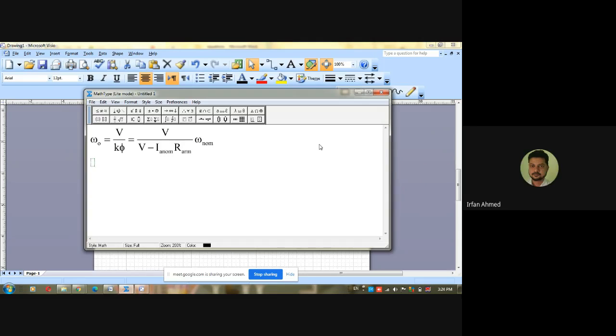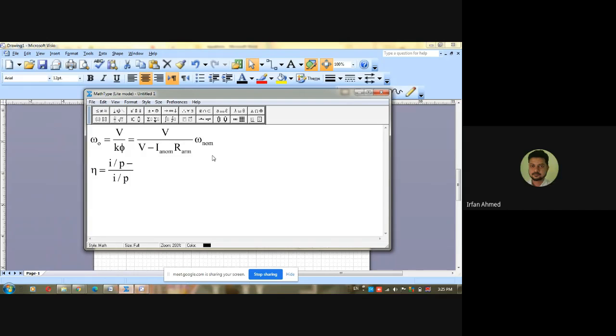Now the efficiency I'm using is given by output power divided by input power. Correct? Now this output power can be written as input minus losses.